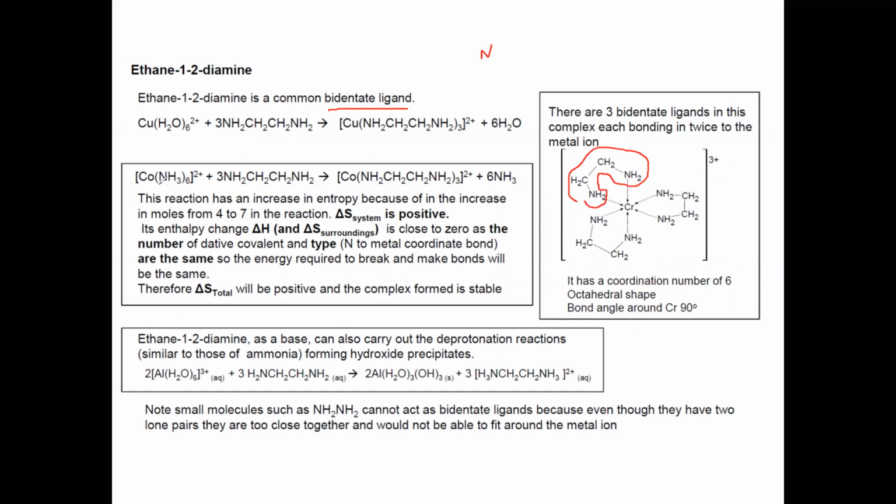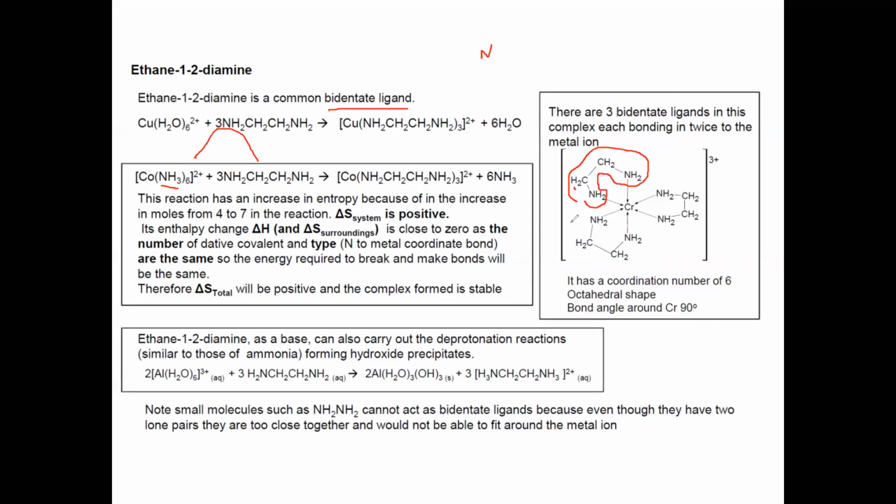First example, there was a complex of cobalt with ammonia, but when we add ethane-1,2-diamine, the coordination number, the number of dative bonds it is forming, is 6, because this is one molecule of ethane-1,2-diamine.